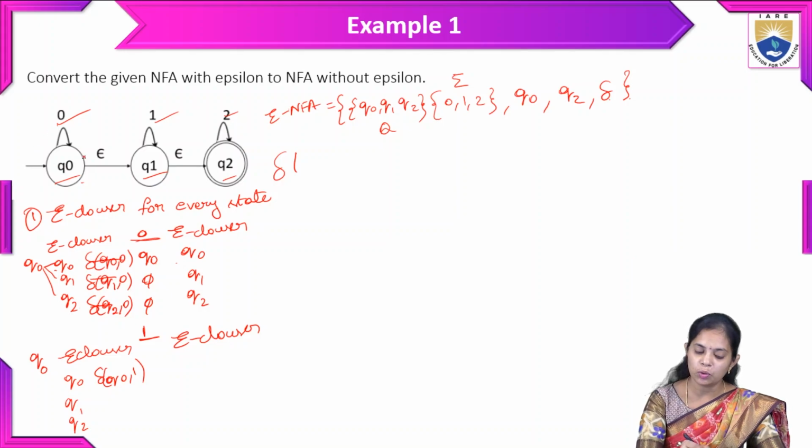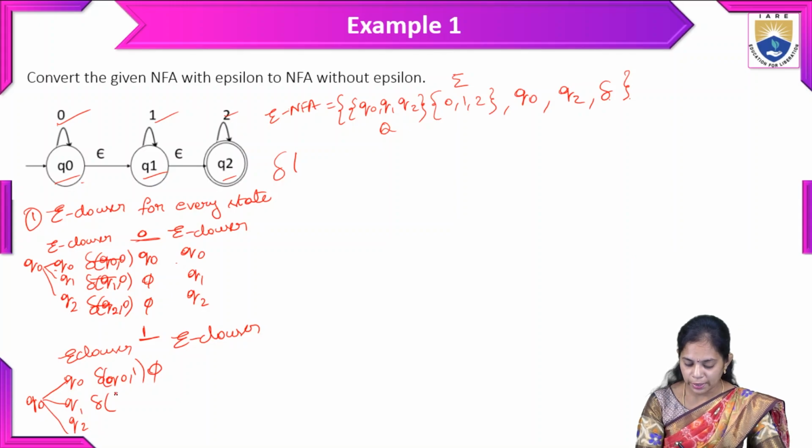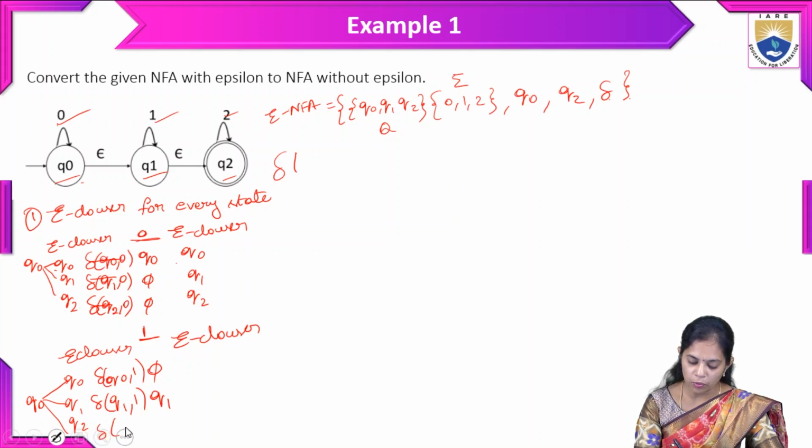What is the value of Q naught comma 1? There is nothing, no value. And transition of Q1 comma 1: what is the result? It is the Q1 state. And next, transition of Q2 comma 1.